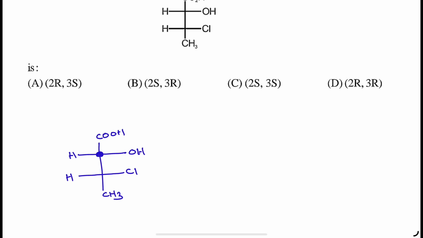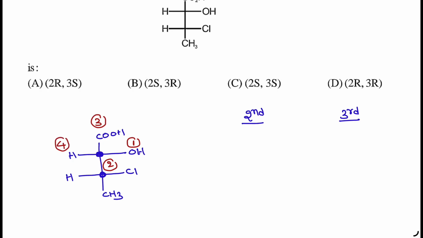So the second carbon is one chiral center, the third carbon is one chiral center. First let us take the CIP rules. OH gets the first priority. Next here, this is carbon, this is carbon. When the first element is the same, we have to consider the second elements, oxygen, oxygen, but here we have chlorine. So this bulky group gets second priority, COOH third priority, hydrogen fourth priority.